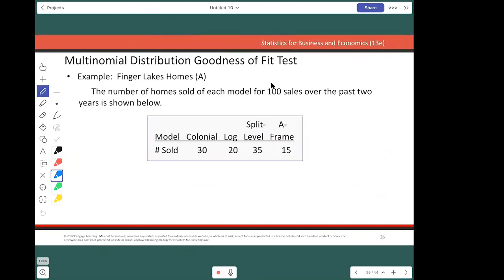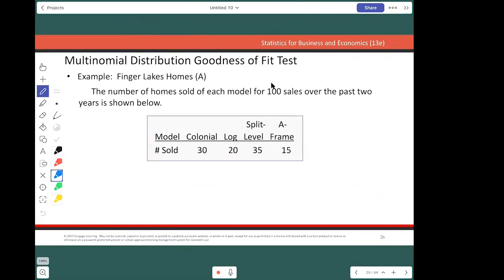The number of homes sold for each model for 100 sales over the past 2 years is shown: 30, 20, 35. So they added a fourth one. So colonial, log, split, and A-frame. The question is asking, is there a preference between them?